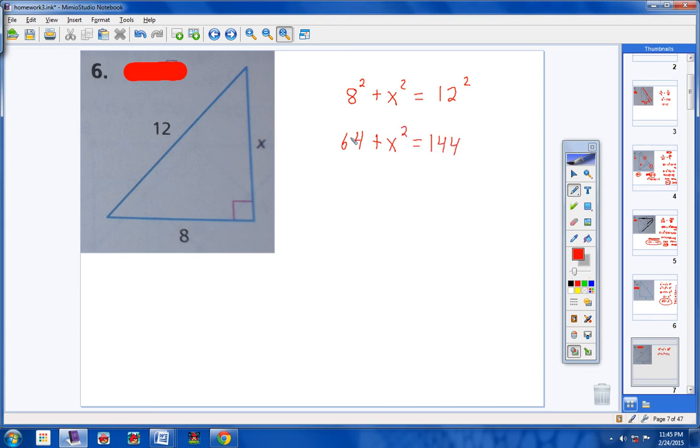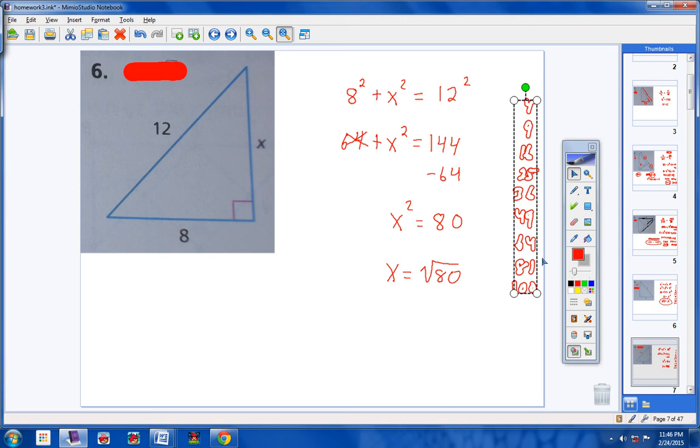Bring the 64 over and make it a negative 64. And that will leave you with x squared equals 80. Okay? Now, take the square root of both sides. There we go. And now let's see if we can simplify the square root of 80.